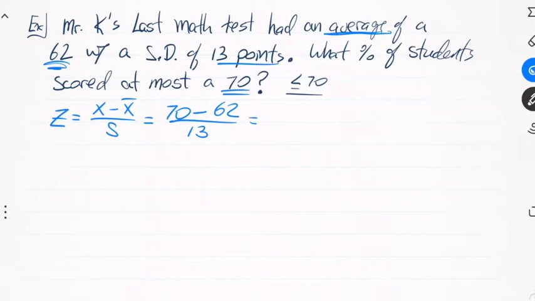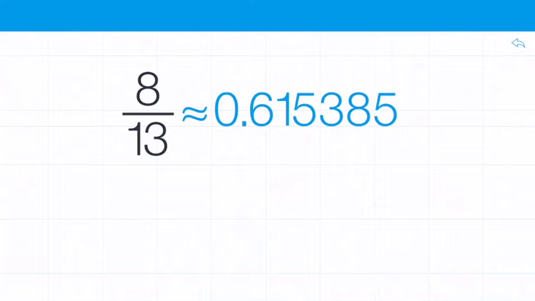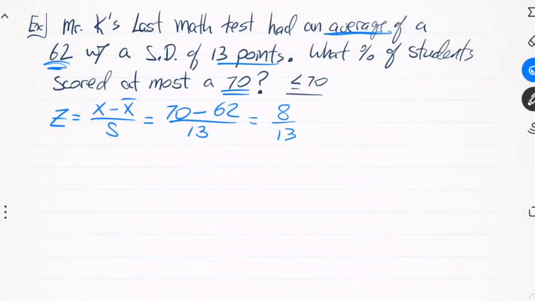So this becomes 8 over 13, 0.615. I'm going to write it as 0.62 and go from there. This z-score has to be written as a decimal because we're going to use the table.